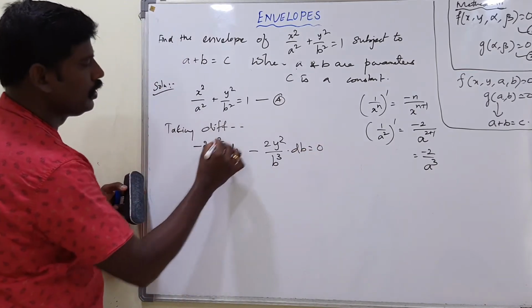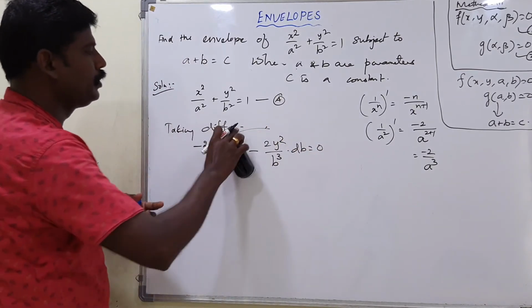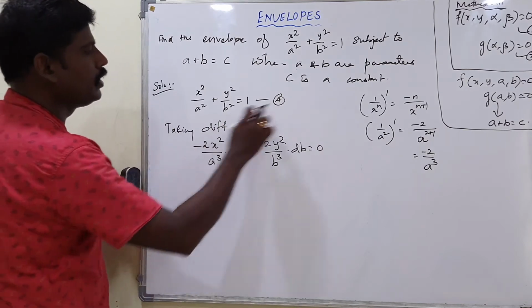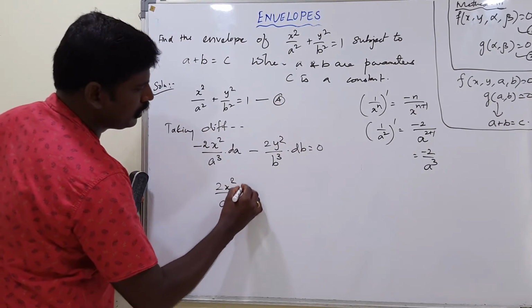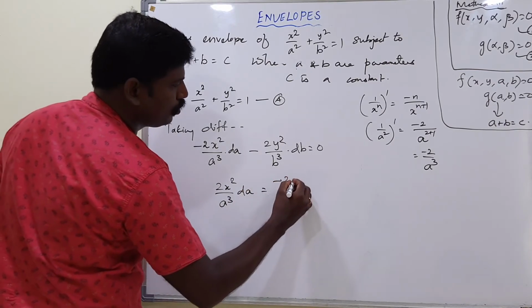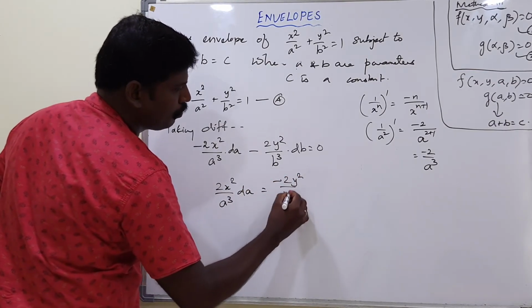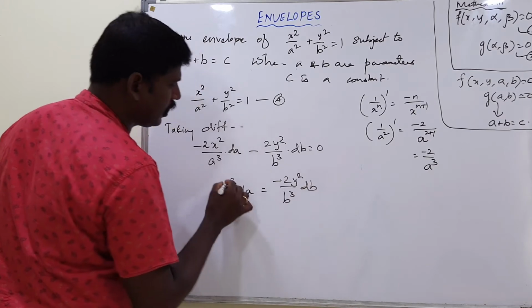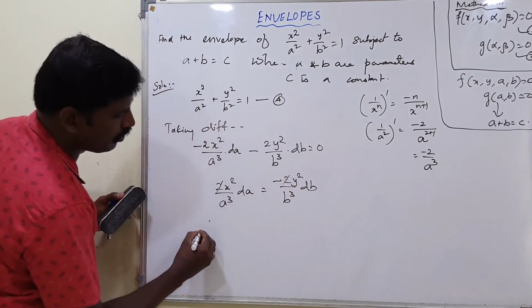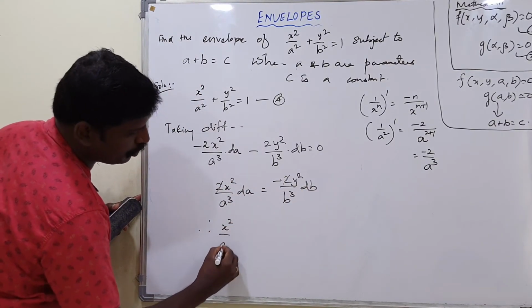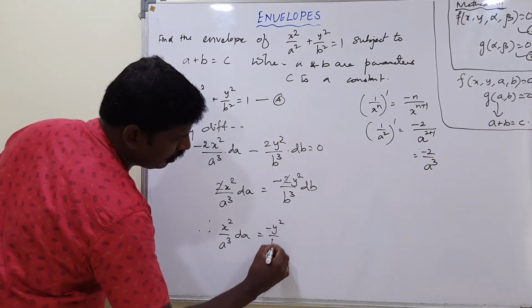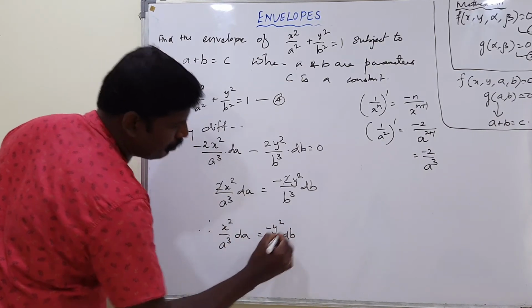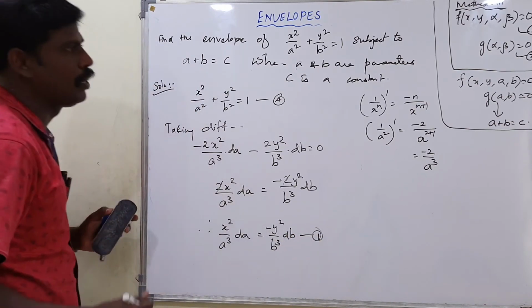Now taking this term to the right hand side, 2x² by a³ into dA is equal to minus 2y² by b³ into dB. We can cancel the 2 with 2. Therefore, x²/a³ dA = minus y²/b³ dB. We call it equation number 1.